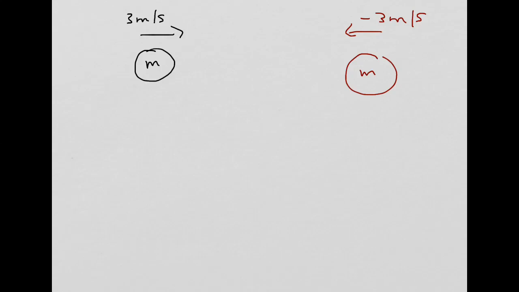Alright, so we know that net momentum before the collision must equal net momentum after the collision. So net momentum before the collision is the momentum of the black ball, which is 3m, plus the momentum of the red ball, which is negative 3m. We know that it must equal the momentum after the collision.